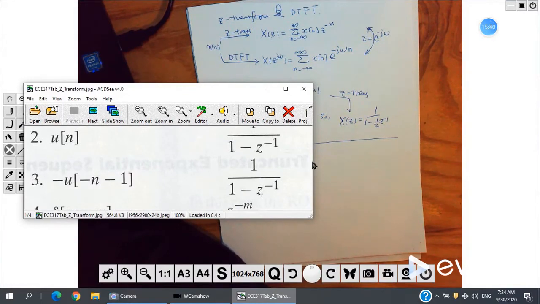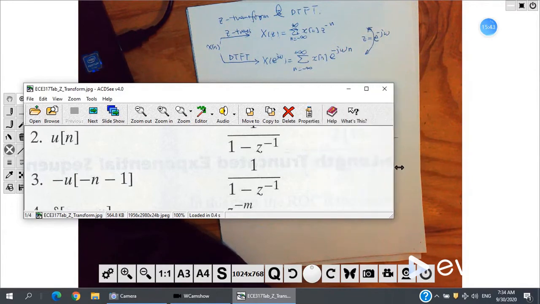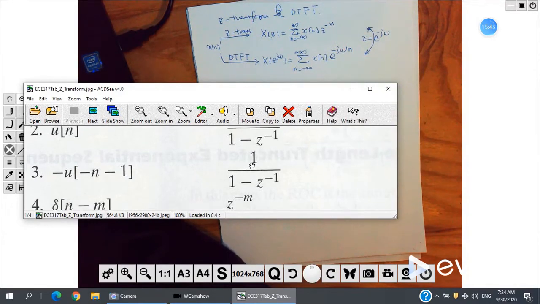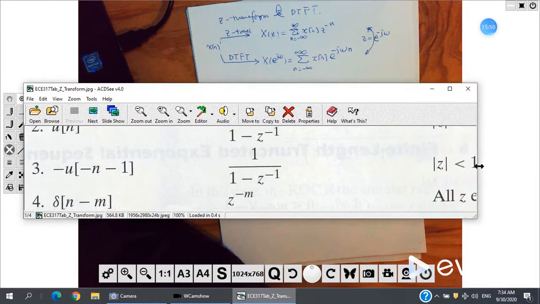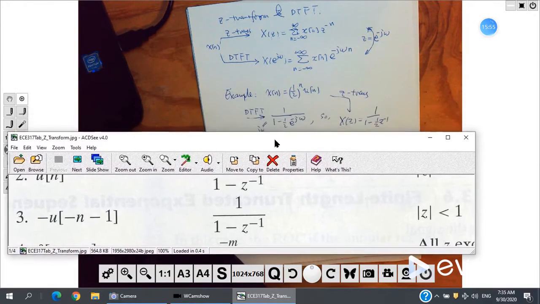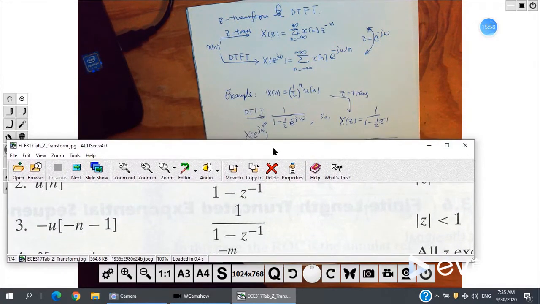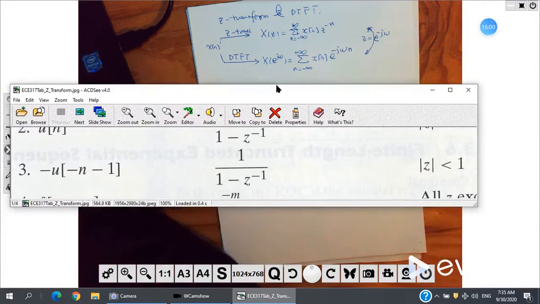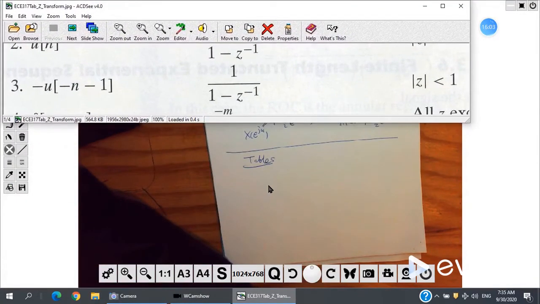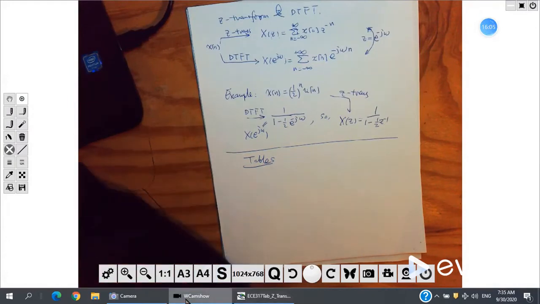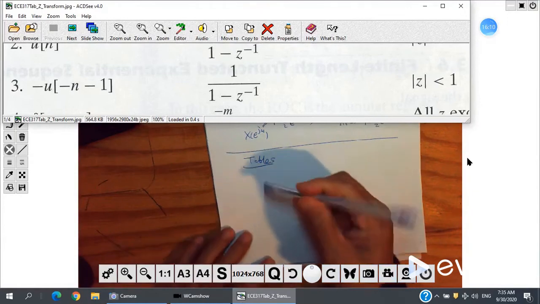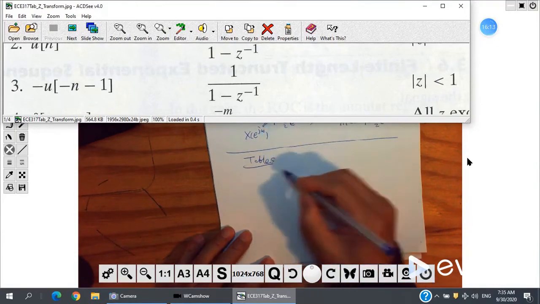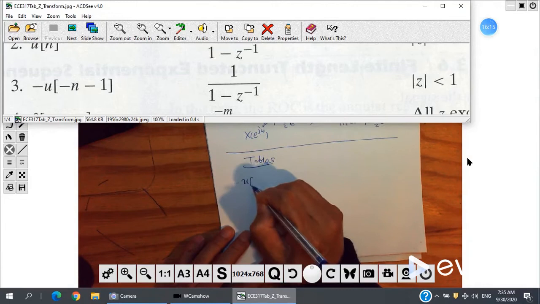It's yeah, it's this one. Yeah, I wanted this RC. Yeah, it's this one. Okay. So what is this one? What is this one? Well, okay. So this one, negative u of negative n minus 1.